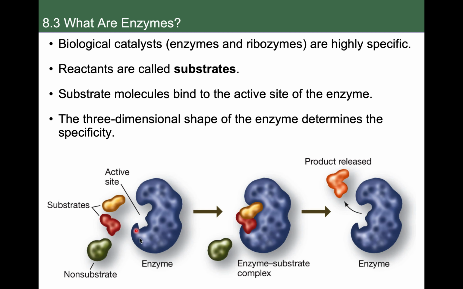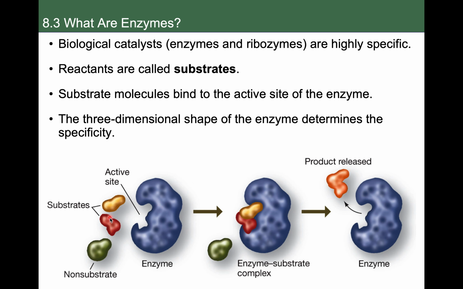So here's our enzyme, our protein, and every enzyme has what's called an active site, which is the business end of the enzyme where the particular reaction is going to be catalyzed. What happens at the active site is the enzyme is going to bind to its substrate or substrates, depending on the particular reaction.